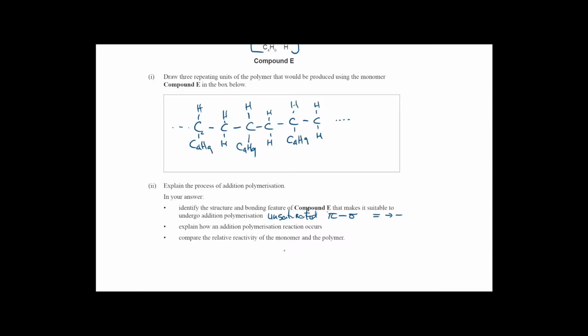So explain how an addition polymerization reaction occurs. Well, I can see here this pi bond will break and will be replaced with a new covalent sigma bond. Compare the relative reactivity of the monomer and the polymer. So the monomer must be more reactive than the polymer. Otherwise, it wouldn't happen.